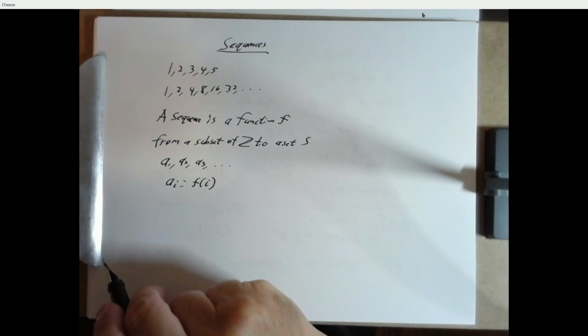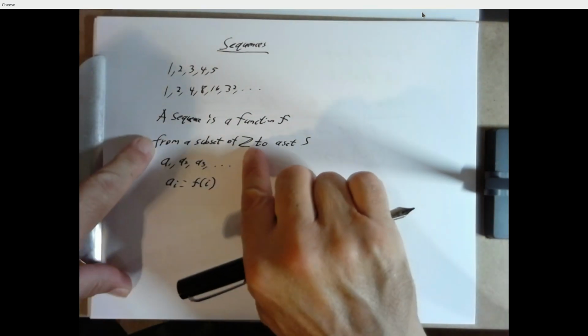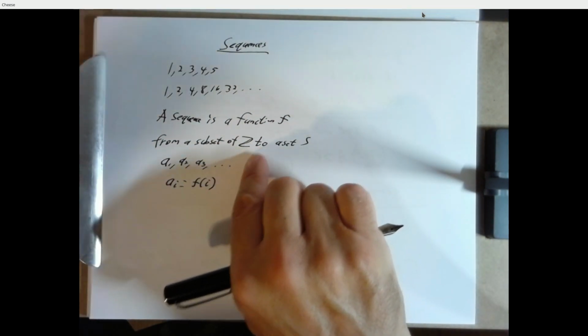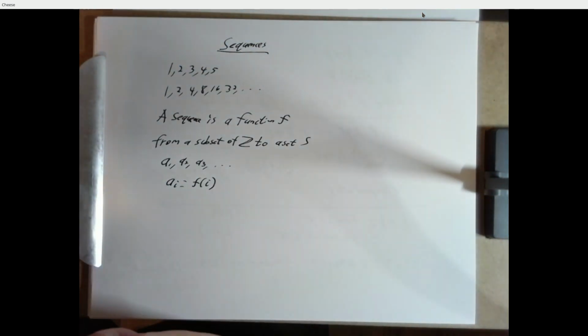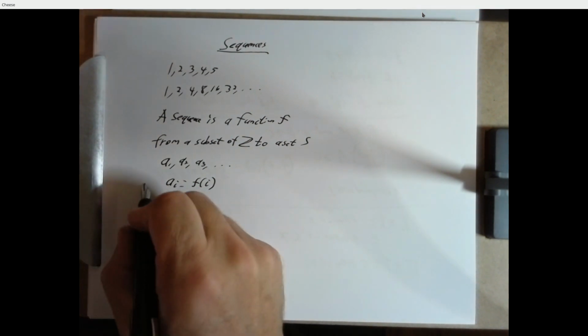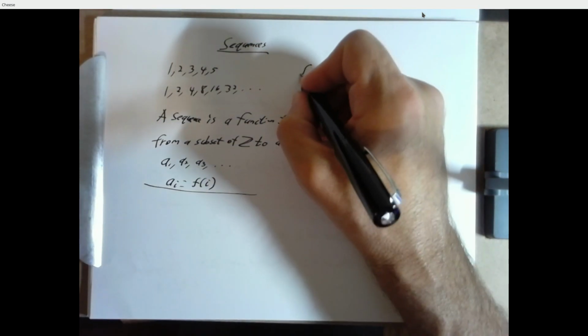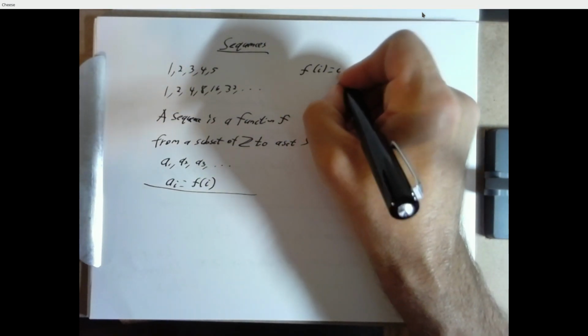And if it's a finite sequence, then we're mapping from just some finite subset of Z, for example, 1, 2, 3, 4, 5, or we might be mapping from a larger subset of Z that goes on without bounds. So for example, for this sequence up here, we could simply write f of i equals i.